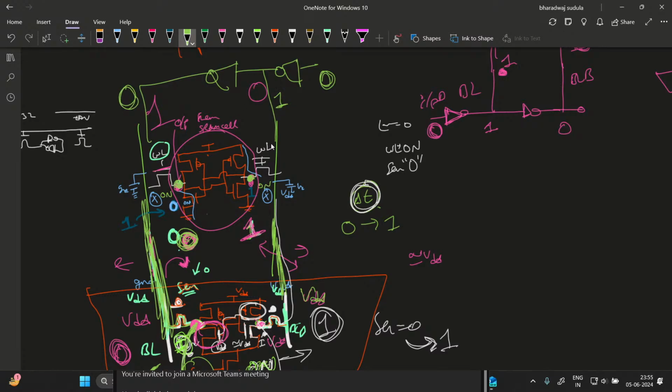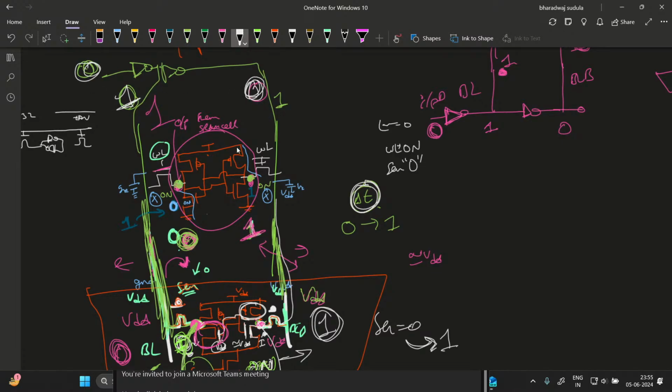It shouldn't be like the other case, where this is connected to this one, and if you have given 0, it would have become 1, it would have become 0.